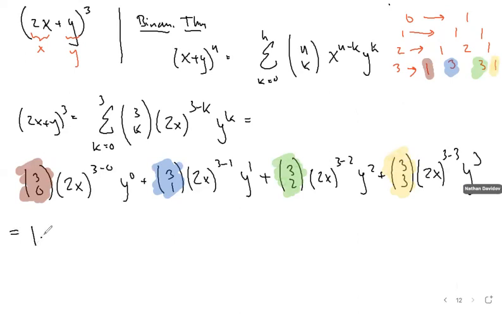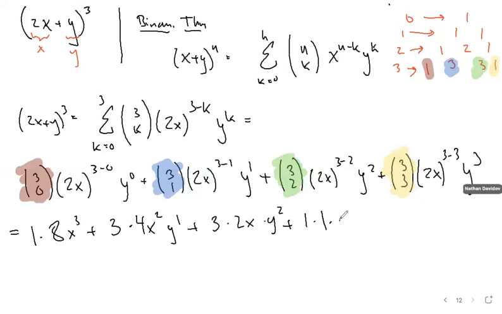So this is 1 times 2x to the third, which is 8x cubed, y to the 0 is just 1, plus 3 times 2x squared, which is 4x squared, y to the 1, plus 3 times 2x to the 1, y squared, plus 1 times 2x to the 3 minus 3, which is just 2x to the 0, which is 1, y cubed.